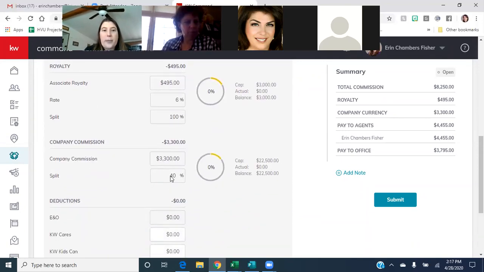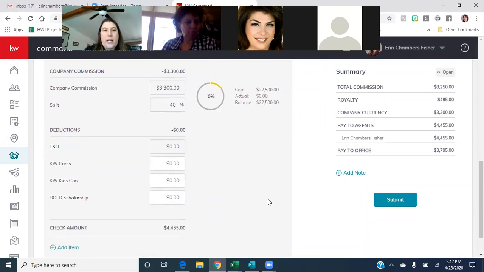It'll show you your company dollar. Down here, it's going to give you your options for donating to KW Cares. Obviously, E&O is grayed out because we don't pay errors and omissions on transactions. So that's grayed out. You won't be able to put anything there, but you could put in your KW Cares donations, your KW Kids, your scholarship, and it'll actually break down.